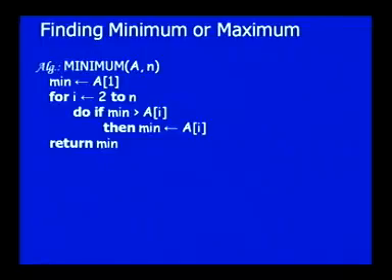Initially you will assume that your min is going to be A of n, then you will start a loop from 2 to n, then you will make a comparison, and whenever the minimum is greater than your A of i, then you will swap it, then you will return min.